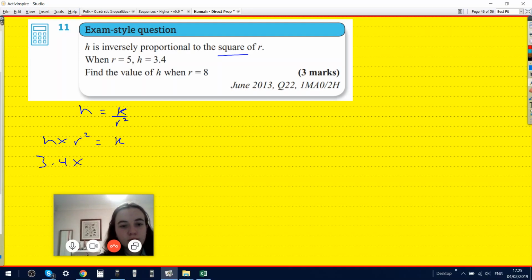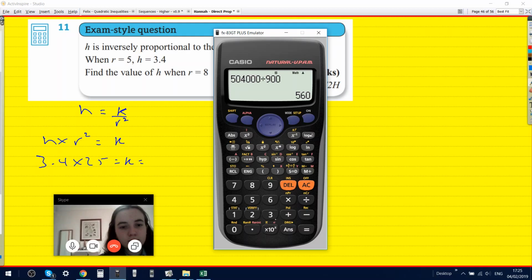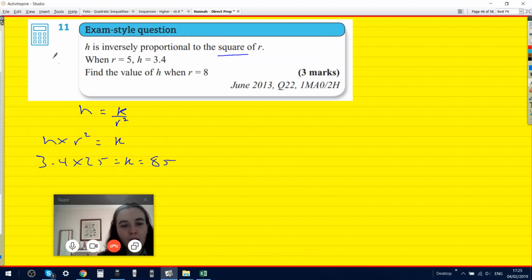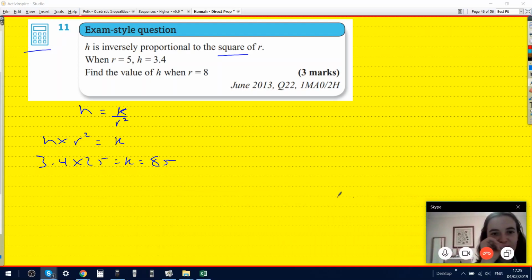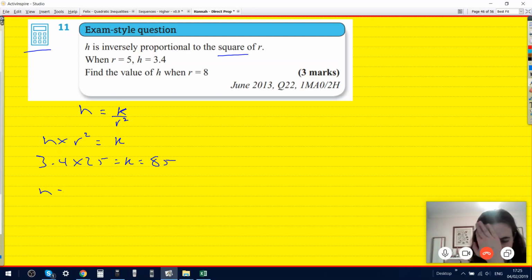So square. 85. Okay. So then h equals 85 over r squared.